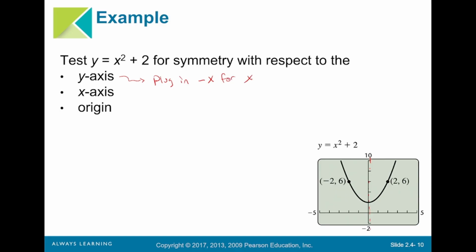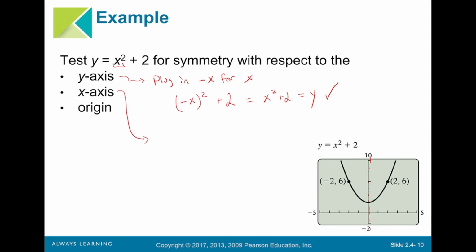So doing that gives us (-x) squared plus 2. I've got to plug in the whole thing for x and square the whole thing. Naturally, the square removes the negative, since negative times negative goes away. So this is just x squared plus 2, which is, in fact, the same function we started with. So yes, it is symmetric through the y-axis.